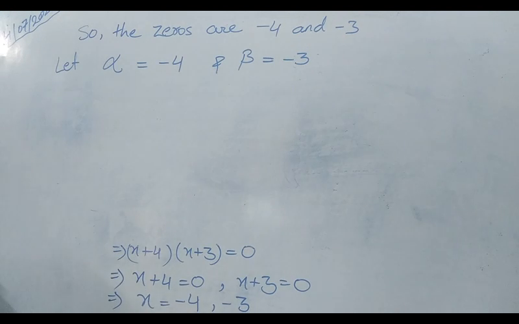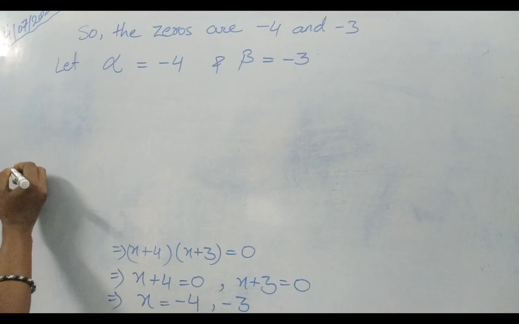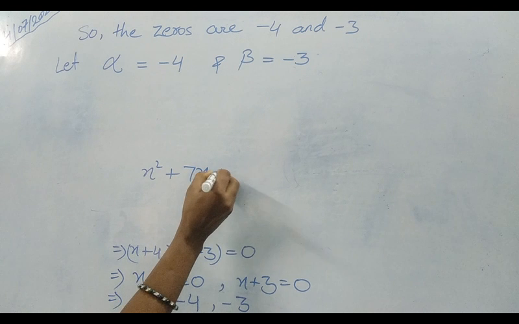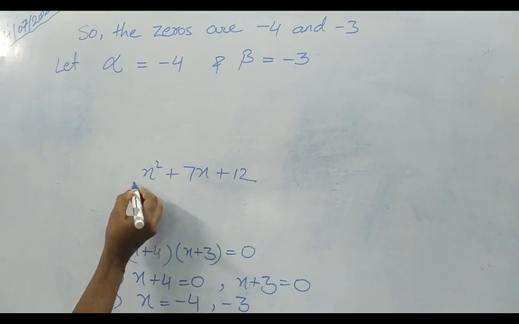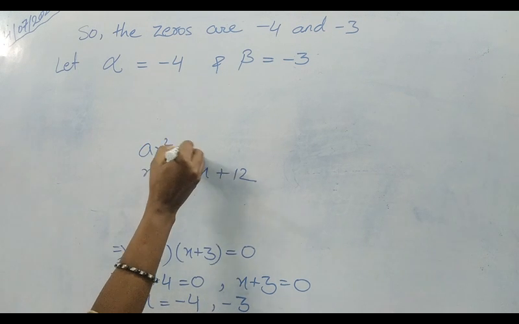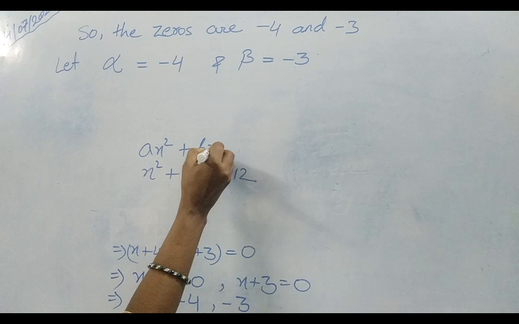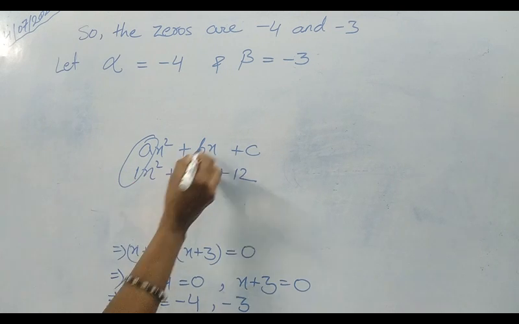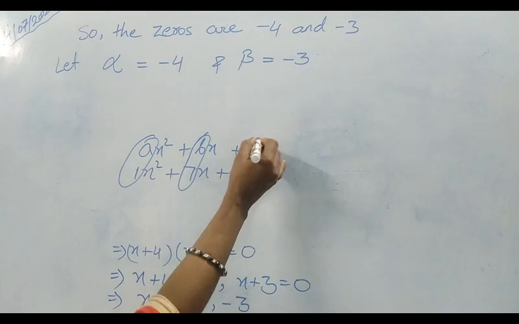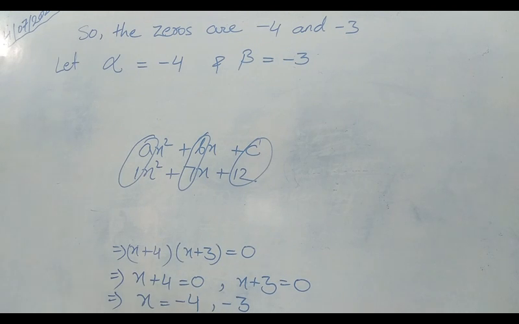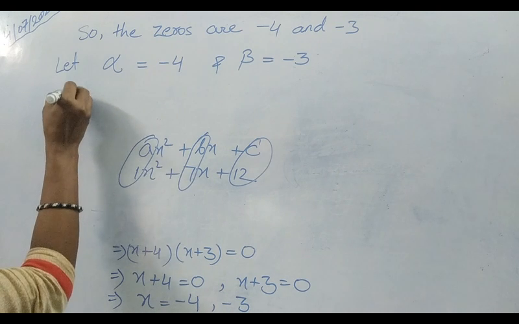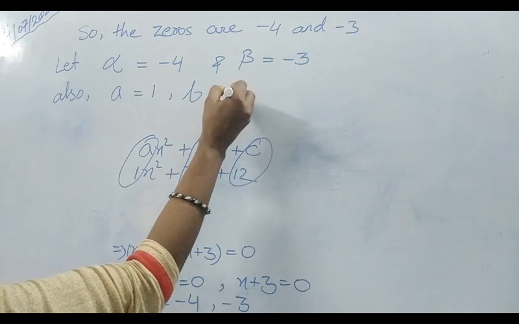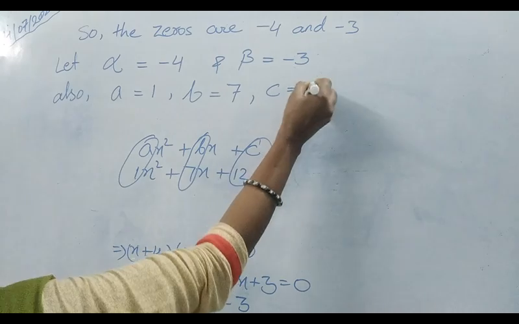Now when you look at the polynomial x square plus 7x plus 12 and compare it with the general form of the polynomial, the coefficient of x square, a, is equal to 1, the coefficient of x, b, is equal to 7 and the constant term c is equal to 12. So we have a equal to 1, b equal to 7 and c equal to 12.